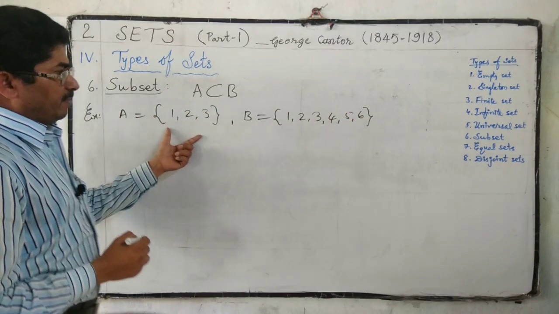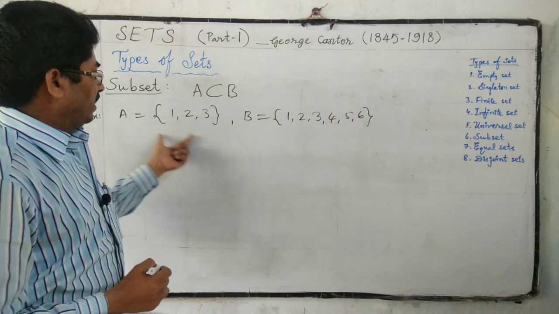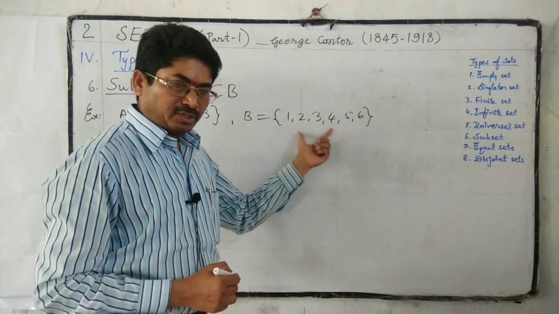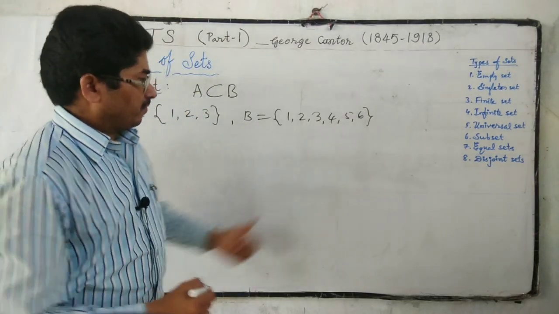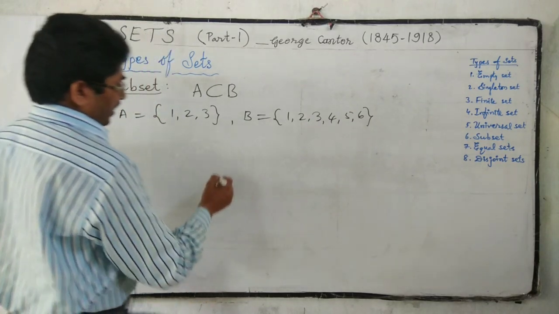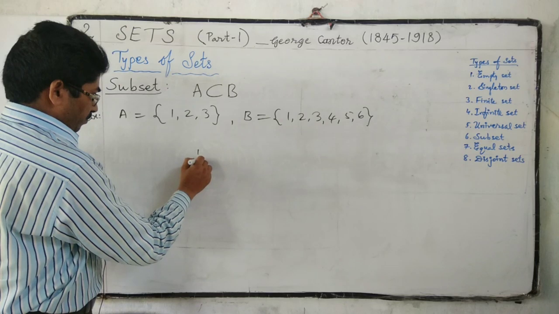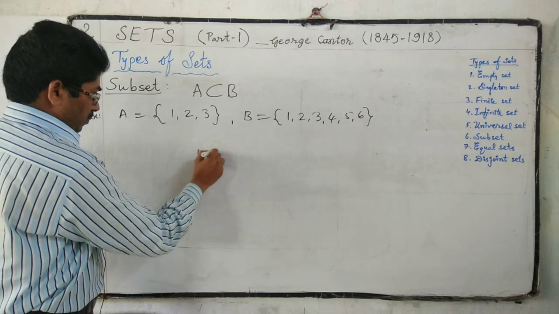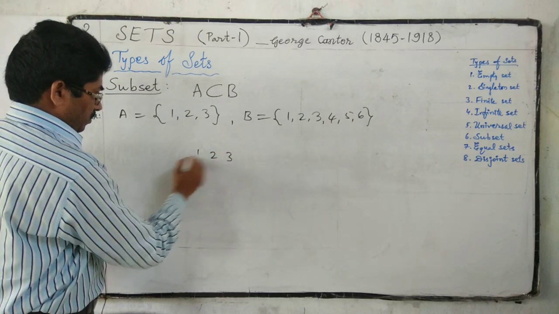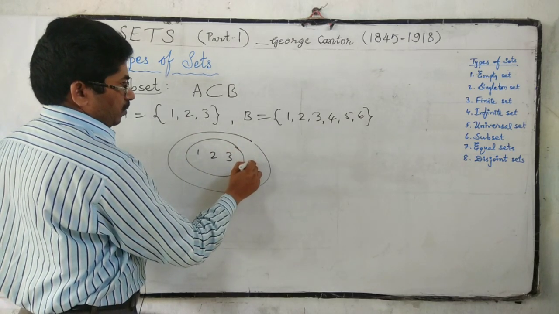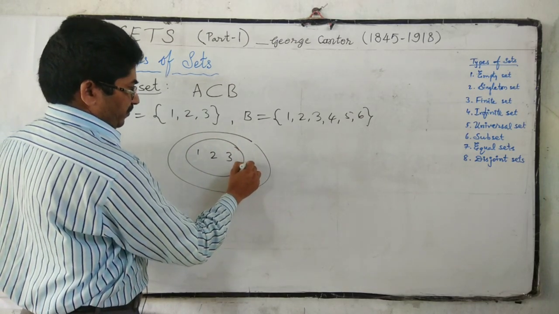So all elements of set A are also elements in set B. We can show in Venn diagrams also. 1, 2, 3, 4, 5, 6.